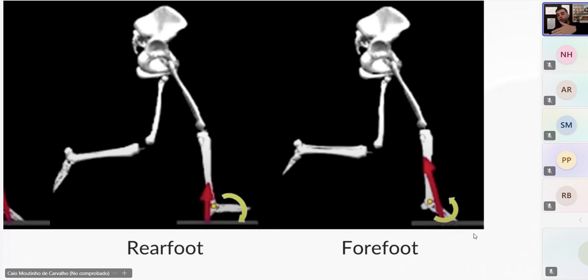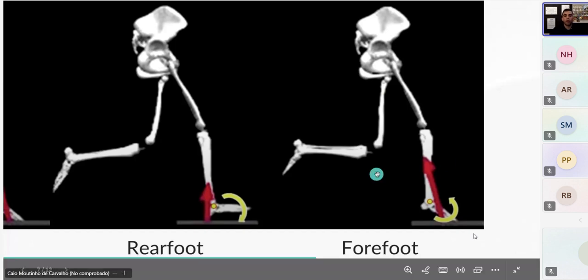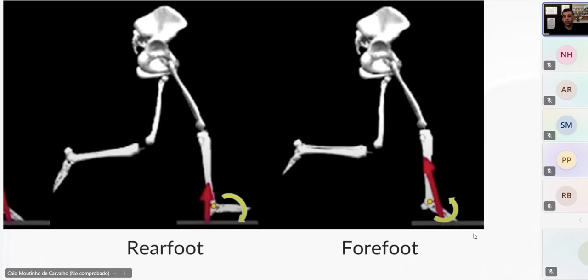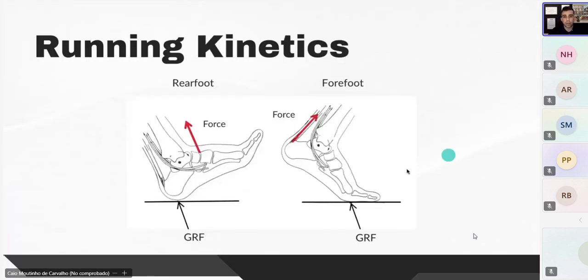The same way if you're running forefoot: if you don't want your heels to go down really quickly, you put some muscle activity here to control this movement. So whenever we're running rear foot or forefoot, the difference between these two muscle recruitments is really, really big. I'm going to show it on the next one.